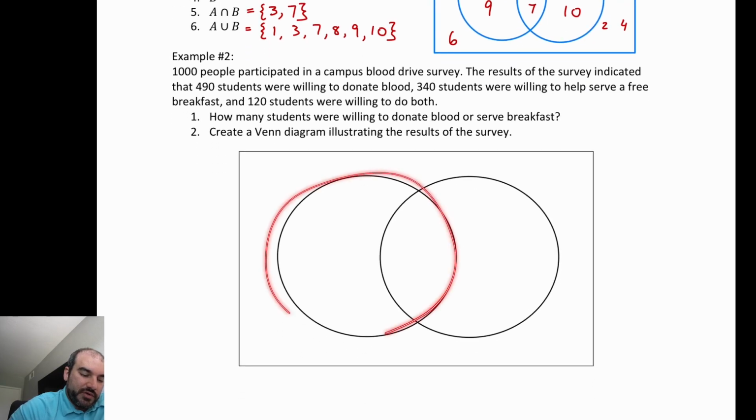So as you can see, you have two sets here. We're going to label these with the sets that were given in the question. This both is not going to be a third set. That's just going to be an intersection. So we'll label these as the donate blood set and the free breakfast set.